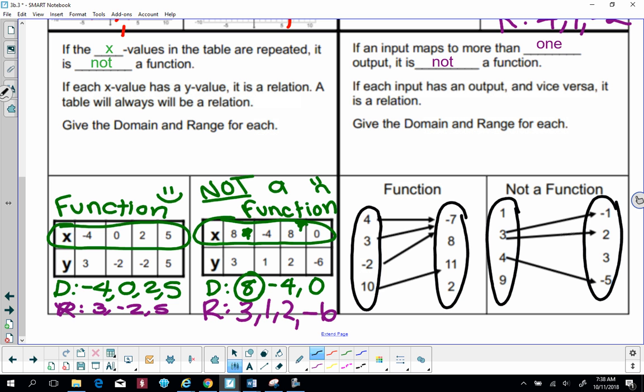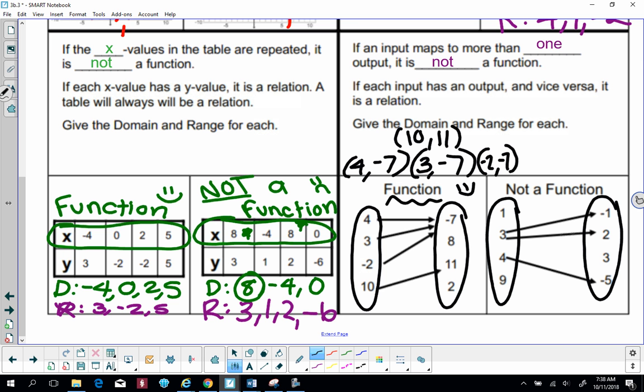Okay, this is 4, and 4 goes with -7. 3 goes with -7. -2 goes with -7. And 10 goes with 11. So in those points that are right here, do the domains repeat at all? No, so this is a function because the domains don't repeat.